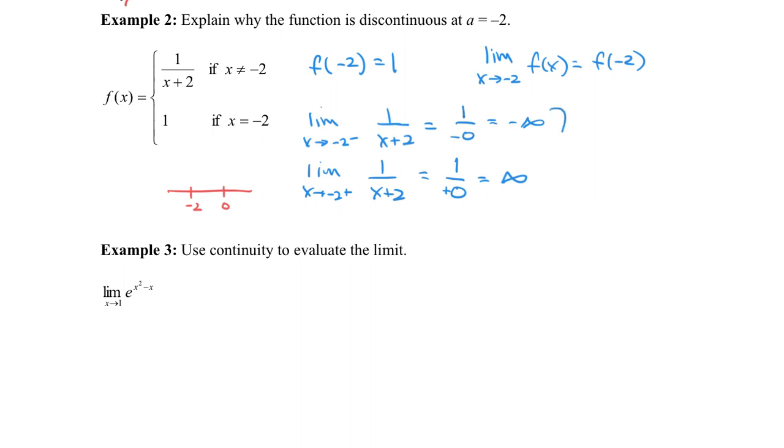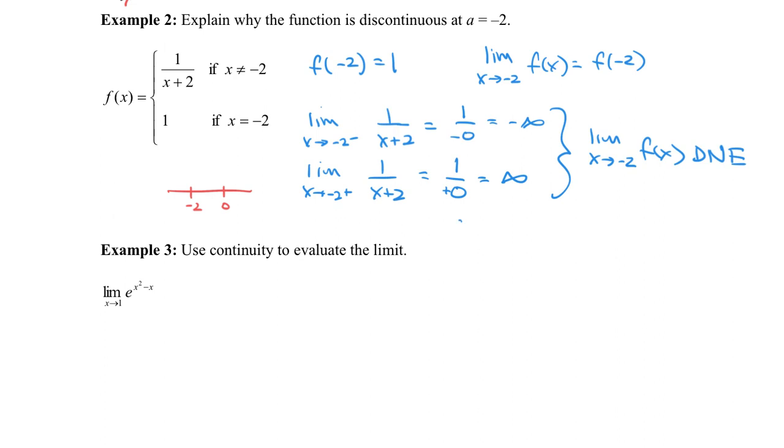Looking at these, we can see that the limit as x approaches -2 of f of x does not exist. One reason is the left-hand limit does not equal the right-hand limit. Another reason is they're both infinite. So the limit doesn't exist, which means the continuity condition can't hold, because this is 1 and this does not exist.